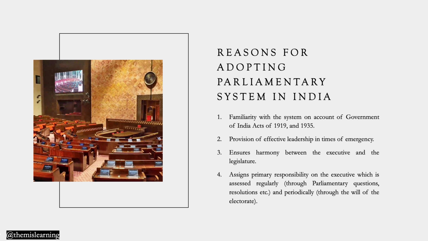We're not talking about a clear cut distinction between the two or clear cut separation of powers between the two. However, what we're talking about in this case is that we're striking the right balance, we're ensuring harmony. Fourthly, we've assigned primary responsibility on the executive, which is assessed regularly through the parliamentary questions, resolutions, etc., and periodically through the will of the electorate.